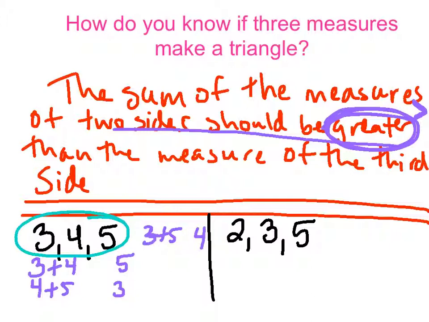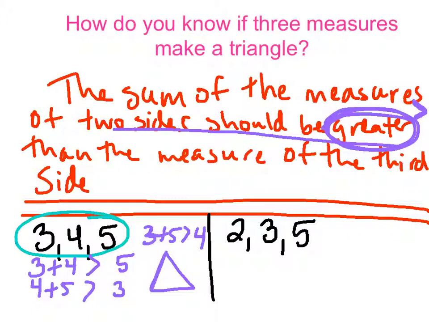So let's look back at the example in purple at the bottom of the right hand side of the video. 3 plus 4, what is that in relationship to 5? Well, that's 7, and so that's going to be greater than 5. So yes, those two sides are greater than the third side. 4 plus 5, that's 9. That's definitely greater than 3. And 3 plus 5, that's 8. That's greater than 4. And so in this case, we have a triangle because in 3 cases, when we took any two sides of the triangle, added those two sides up, and compared it to the third side, we got that the sum of the other two sides was greater than the third side.